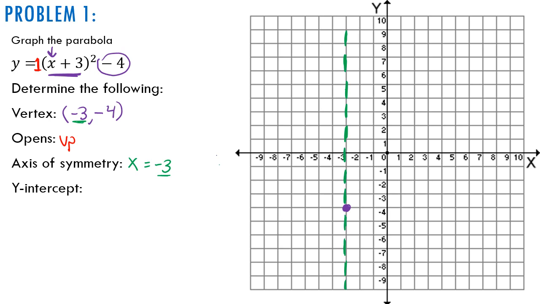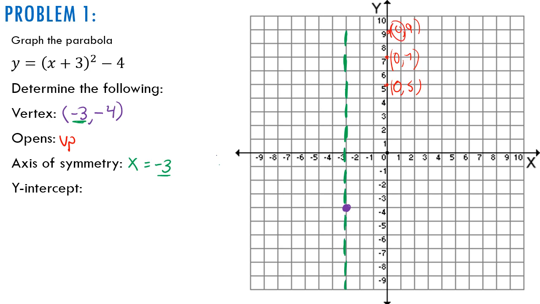All right, we need 3 points to graph a parabola. Okay, we only have one. What we're going to do is find the y-intercept, and that's going to help us graph this parabola. Every single point on the y-axis, like 0, 9, 0, 7, 0, 5, is a point on the y-axis.